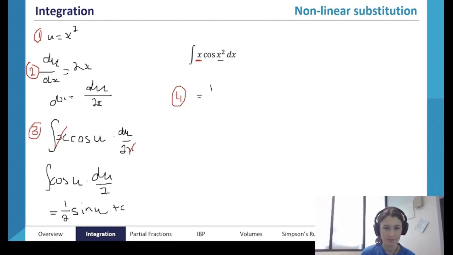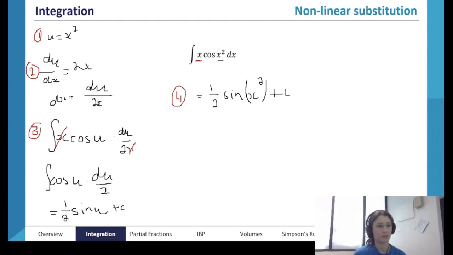So we're going to be left with a half sine x squared plus c. Brackets there. Yeah, that's pretty much the gist of it. Again, it's exactly the same steps as linear substitution. You just need to have that extra mental step of thinking, is one of these functions going to cancel out the other one that I don't want?